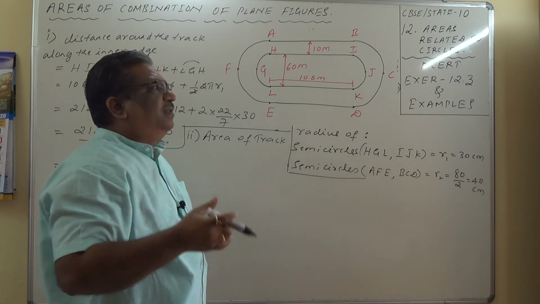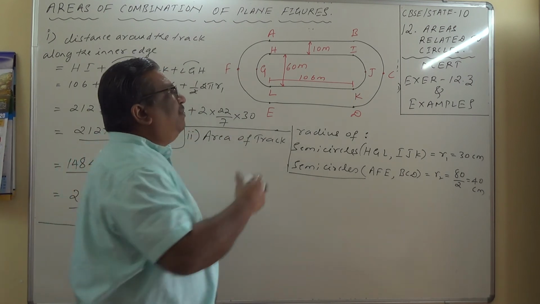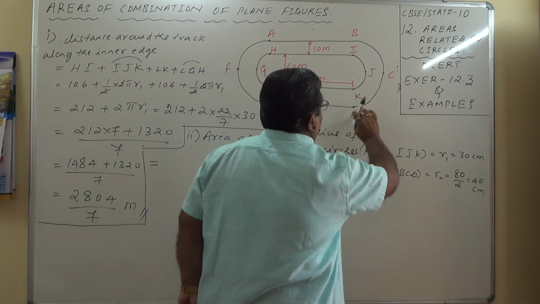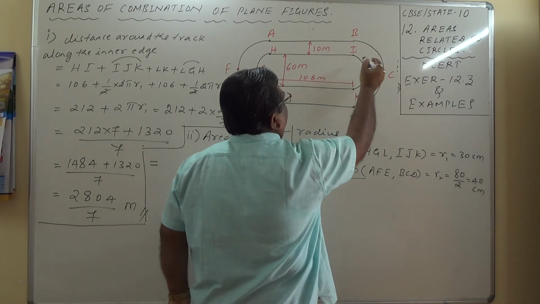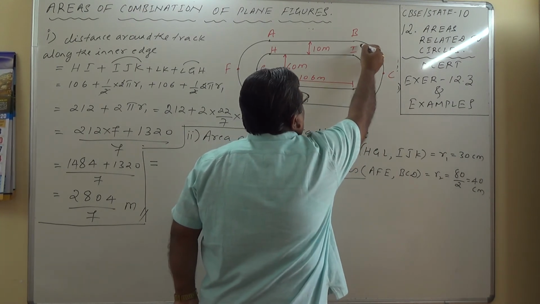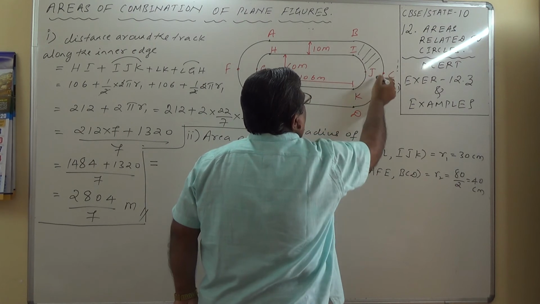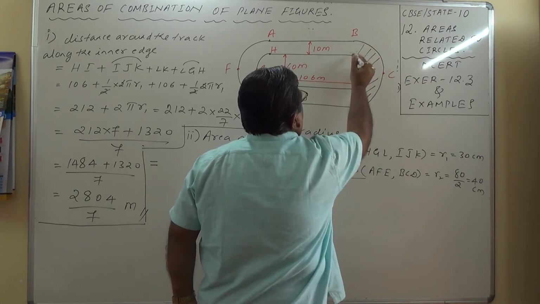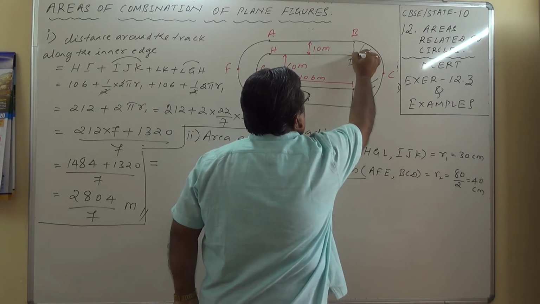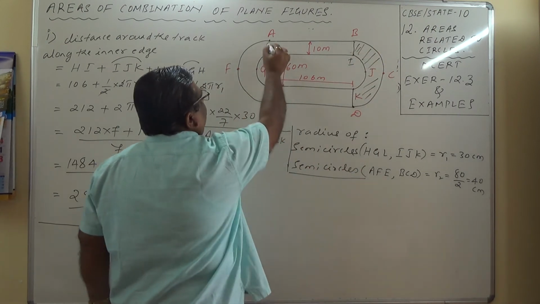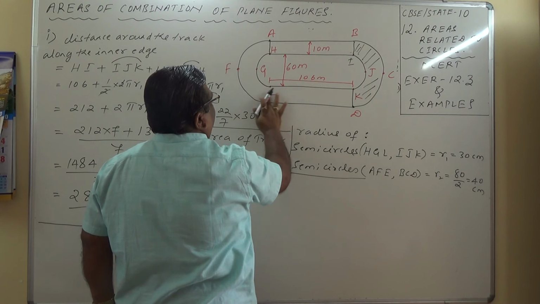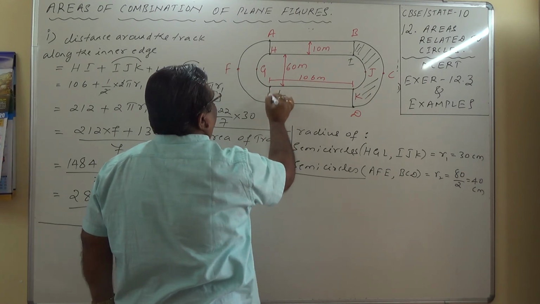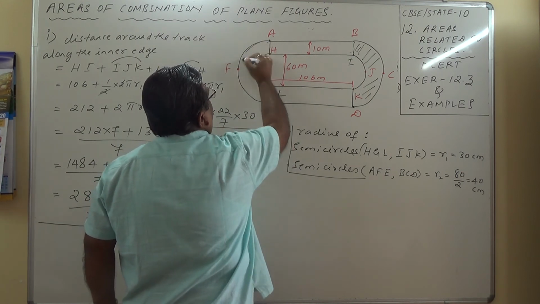Annulus is the region between two circles, and here it is a semi-annulus.